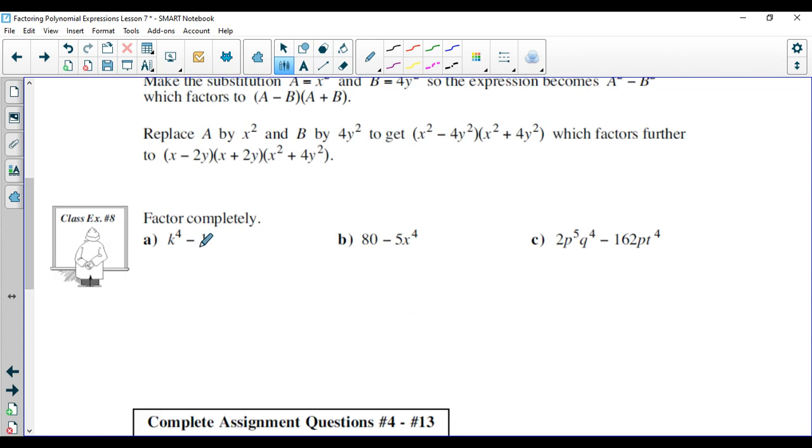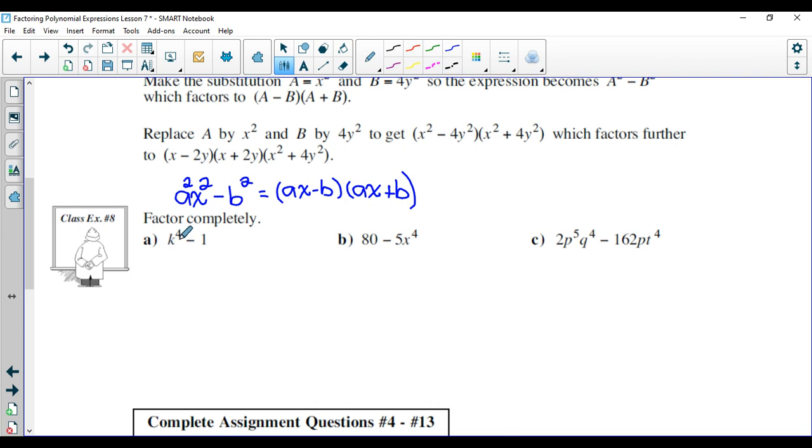The issue with these is that we're only set up to factor a difference of squares if it's in the format a squared x squared minus b squared, because that would turn into ax minus b, and then ax plus b.